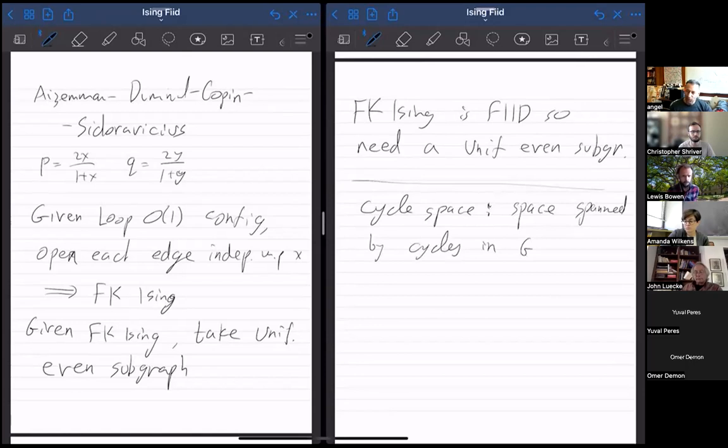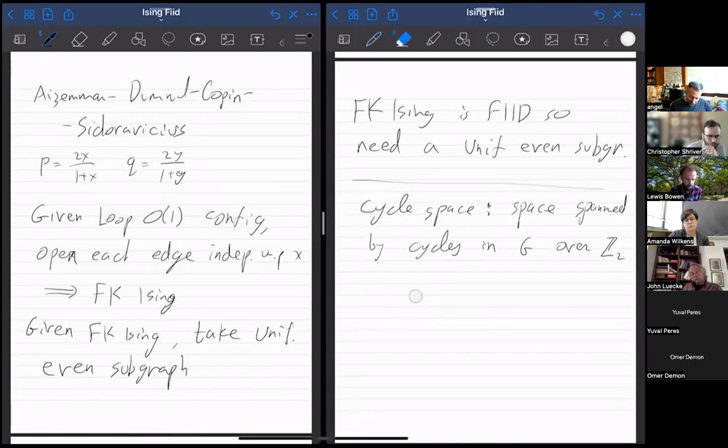You can consider this space over the reals, but here we consider it over Z2. So we have a Z2 vector space, where every edge is either open or closed, and the addition is just edgewise addition mod 2. The finite cycles generate some subspace, and this is the cycle space.